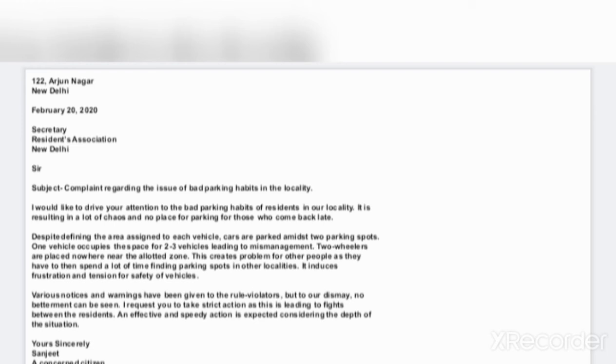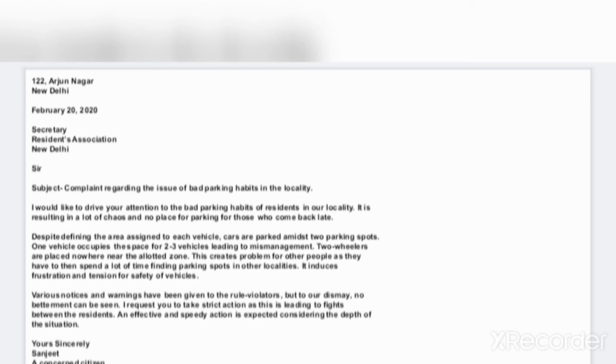One vehicle occupies the space for 2-3 vehicles, leading to mismanagement. Two-wheelers are placed nowhere near the allotted zone. This creates problem for other people as they have to then spend a lot of time finding parking spots in other localities. It induces frustration and tension for safety of vehicles.